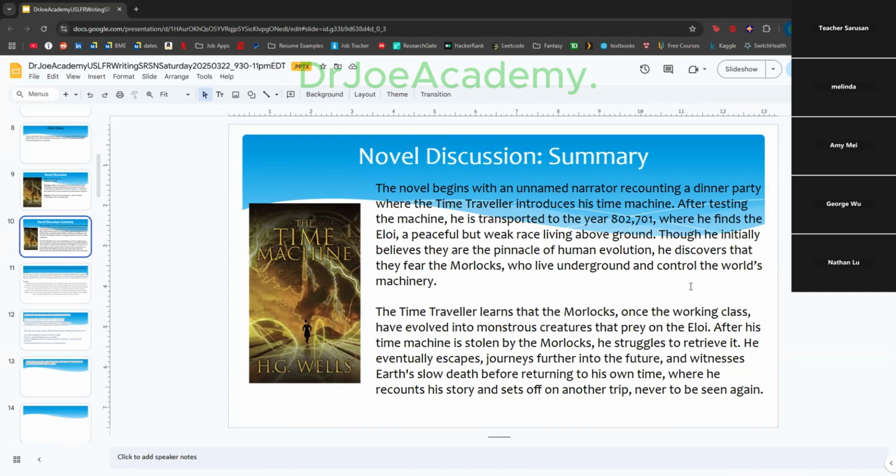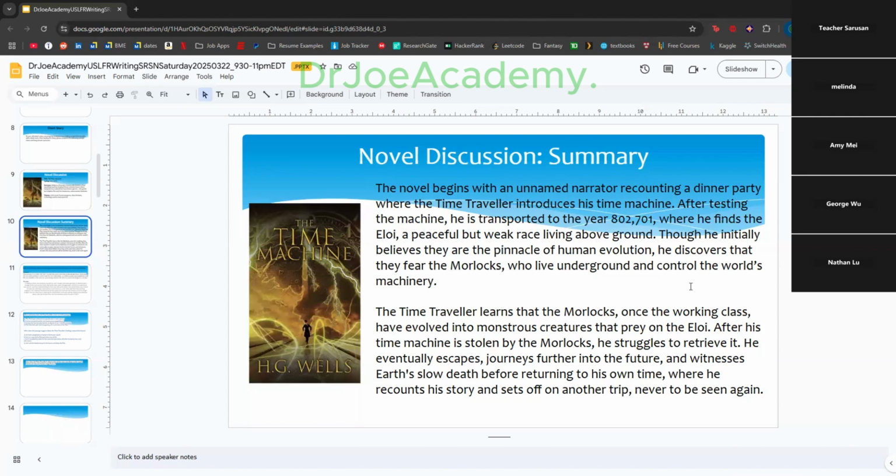The novel begins with an unnamed narrator recounting a dinner party, where the time traveler introduces his time machine. After testing the machine, he is transported to the year 802,701, where he finds the Eloi, a peaceful but weak race living above ground. Though he initially believes they are the pinnacle of human evolution, he discovers that they fear the Morlocks, who live underground and control the world's machinery.